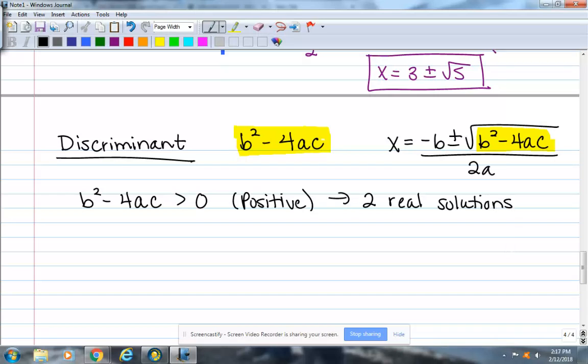Doesn't mean we have to solve them. That's just telling me how many solutions we can expect. If we get b squared minus 4ac equals 0, if we work it out and we get 0 for our discriminant, then that means there is 1 real solution.